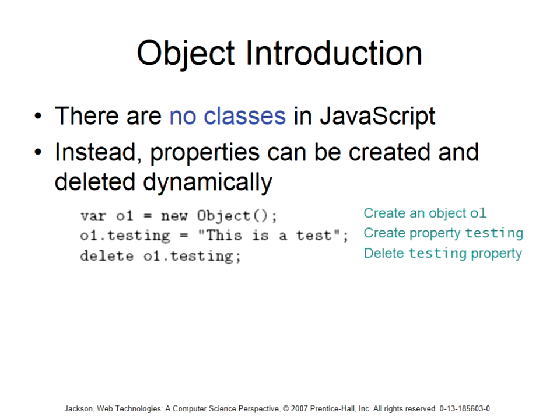After that, I want to add an attribute to this object, so I write o1.testing equal "this is a test". After that, I want to delete this property. I will write delete o1.testing. It is clear, this example for you?